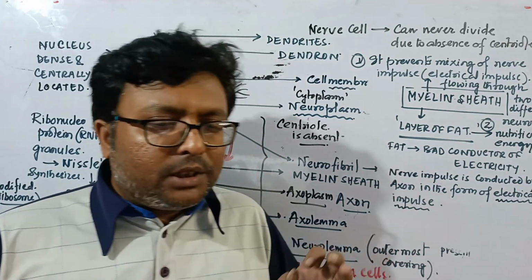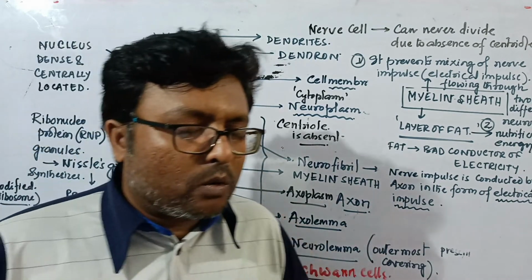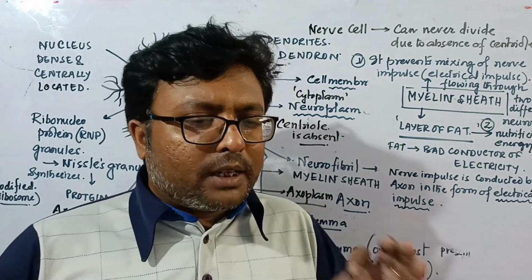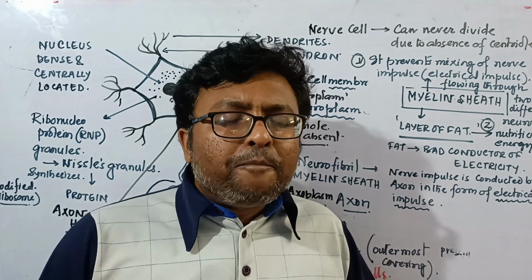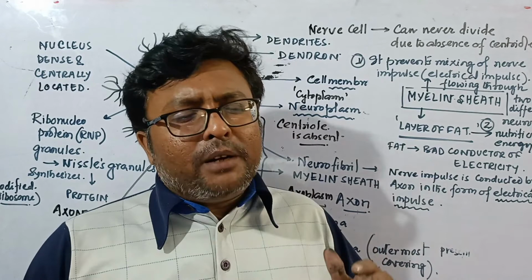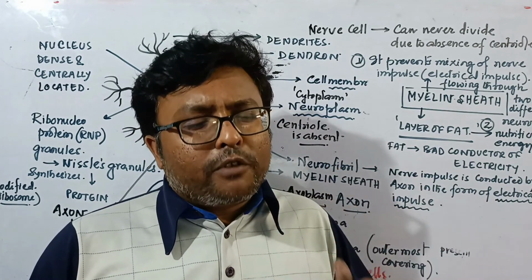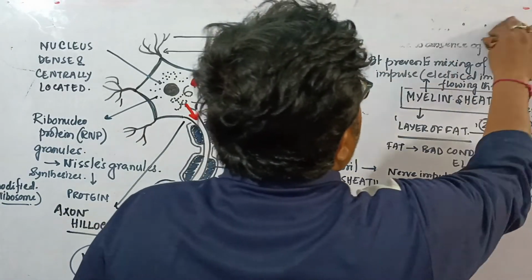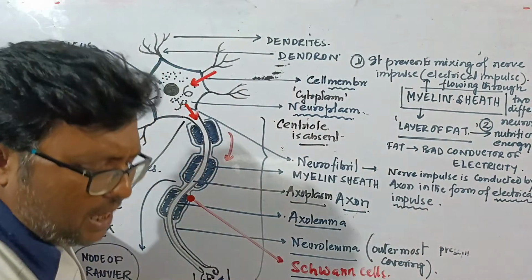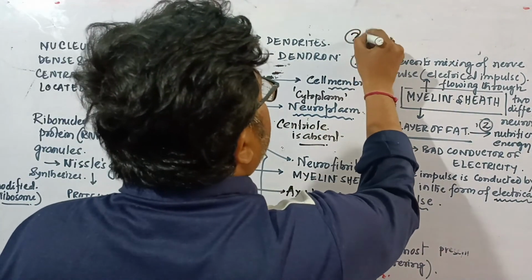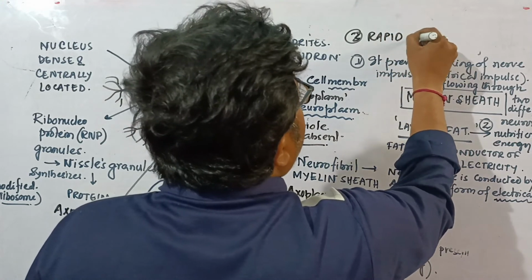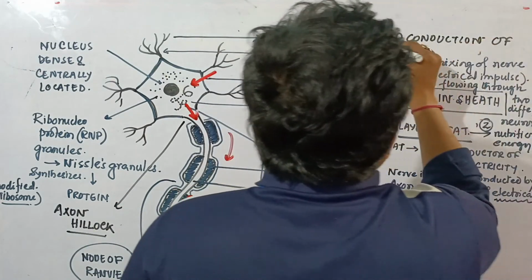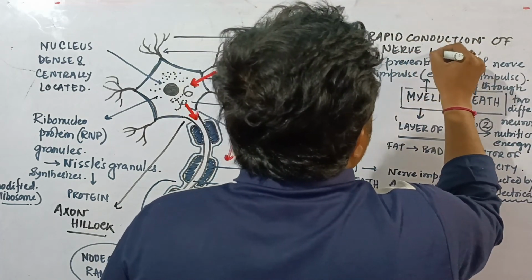If we get the opportunity, we can discuss why it is so later. But for now you can write down the third function: the myelinated nerve or myelinated neuron helps in rapid conduction of nerve impulse. Okay.